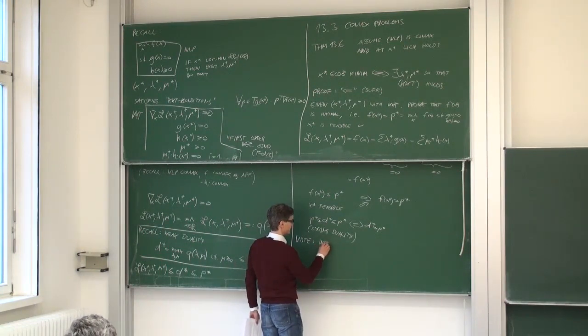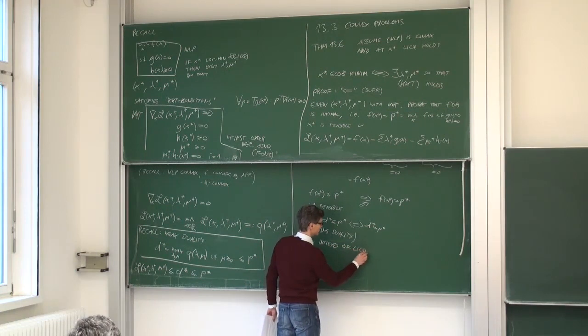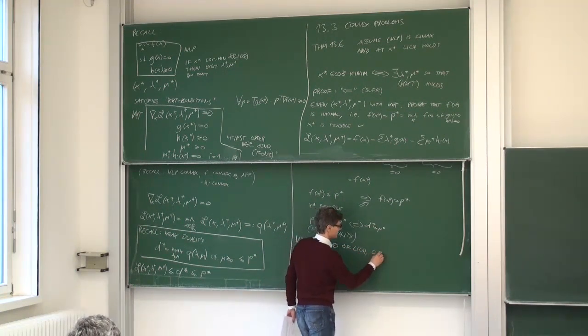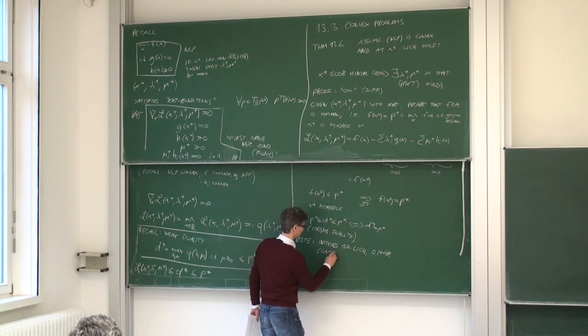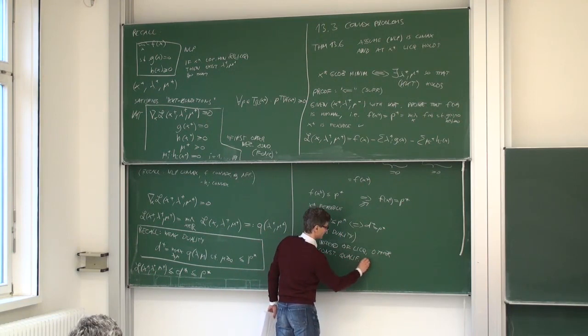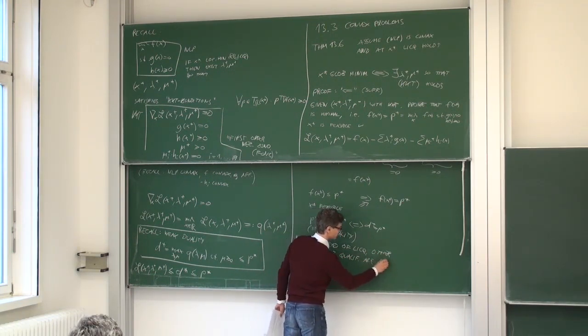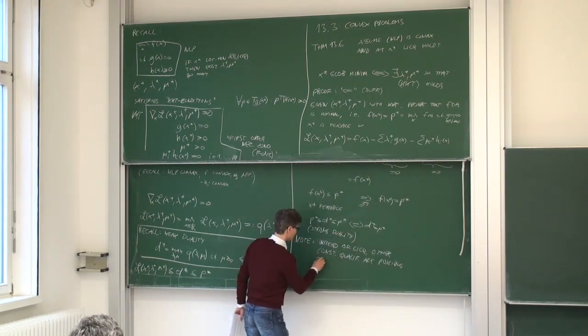So instead of LICQ, other constraint qualifications are possible and usually actually used, and one of them is called the Slater condition.